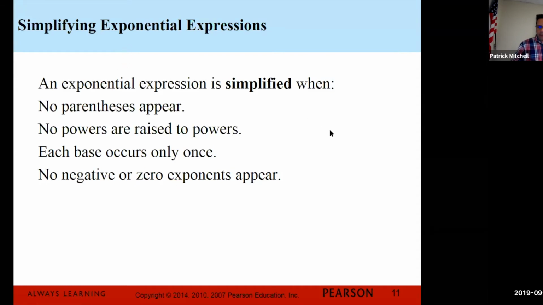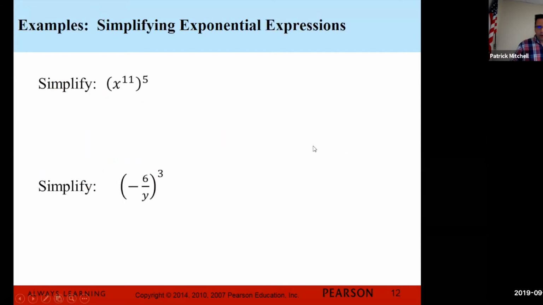All right, let's look at a couple of examples, starting with a really easy one. On a scale from 1 to 10, this is about a 1.2. x to the 11th to the power 5th. Is the answer x to the 16th, or is it something else?